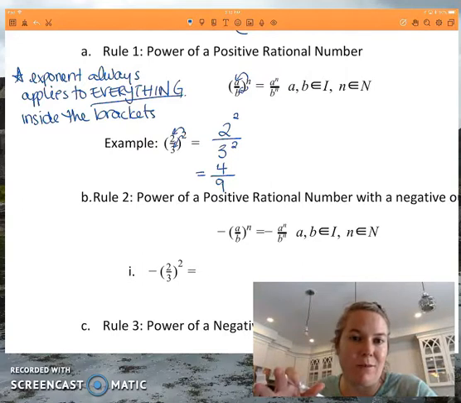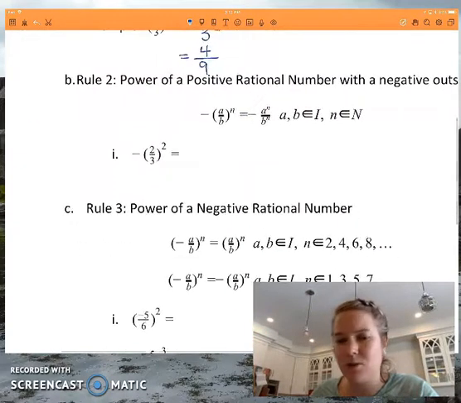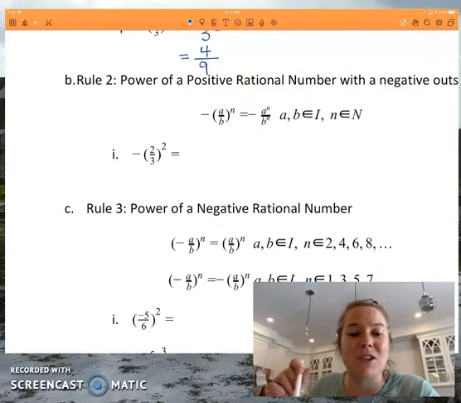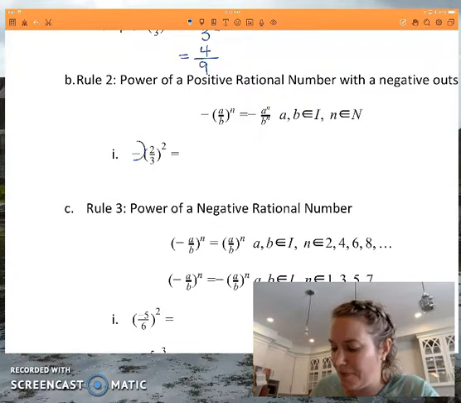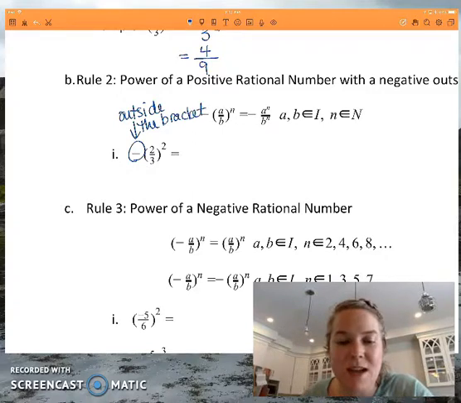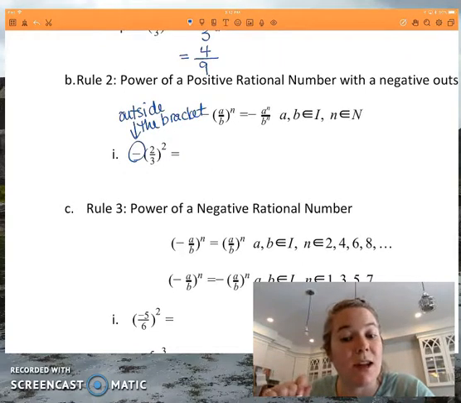So now we throw in the first wrinkle. We're going to look at what happens when you put a negative in front of the brackets. We're looking here at rule number 2. The negative is not actually in the bracket, it's outside the bracket. So, does the exponent apply to the negative?